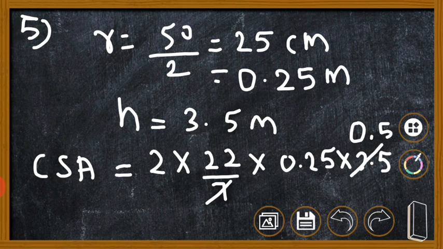0.5. Okay, so 2 into 22 by 7 into 0.25 into 0.5, you will get 5.5 meter square. So this much area you have to paint, and it is given that for 1 meter square the cost is 12.50. So what is the cost?